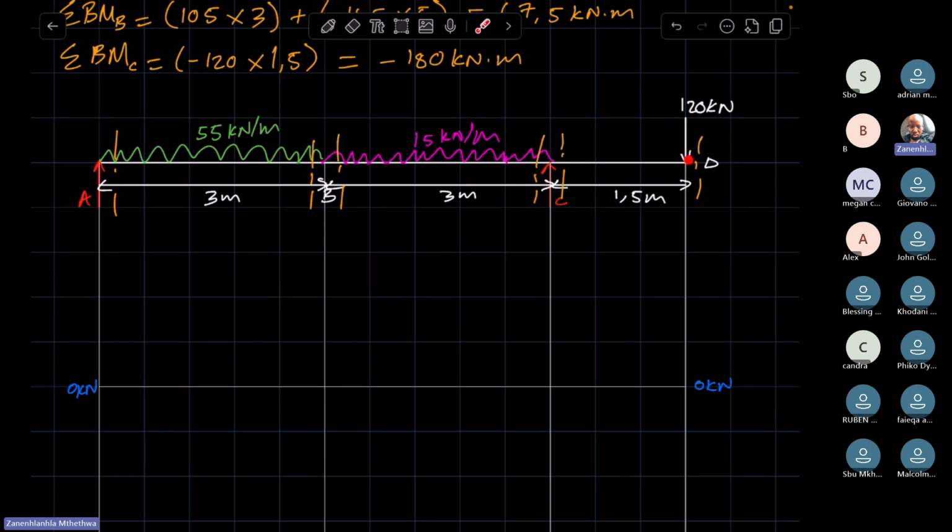If you look at D, there is no UDL on the immediate left of D, so you leave this exactly as it is. So first you draw a section on the right of each of the critical points, and then you look at where you have UDLs on the immediate left of the points. Where you have a UDL on the immediate left of a point, you must draw another section on the left of the point. Are we clear?